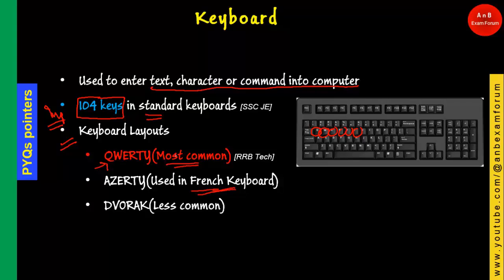The arrangement of these keys will be very difficult for a common man or layman to type, because these are jumbled up words in fact. But nowadays everybody is very handy in using computers. So QWERTY is the most commonly used keyboard layout nowadays.